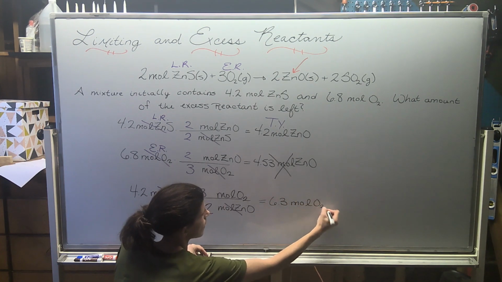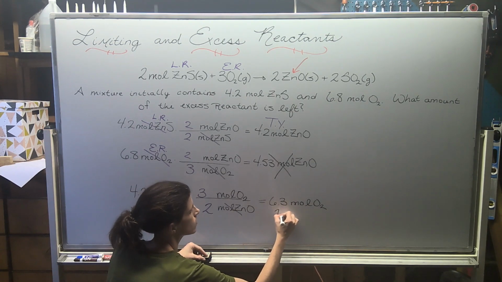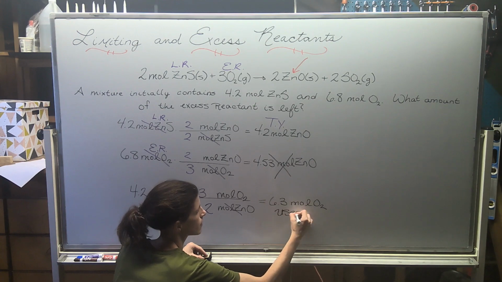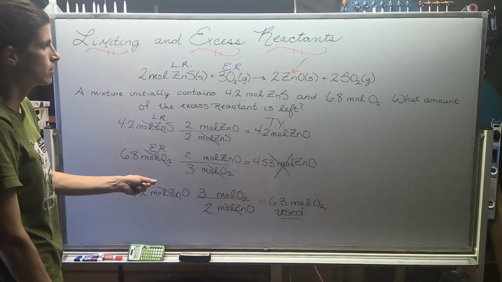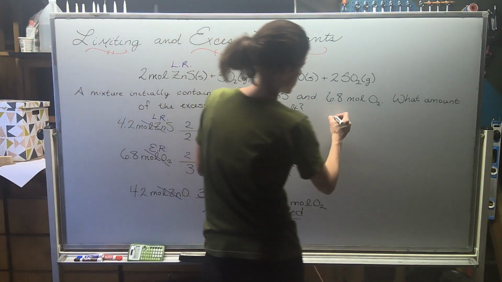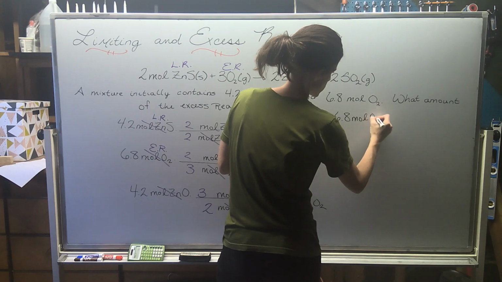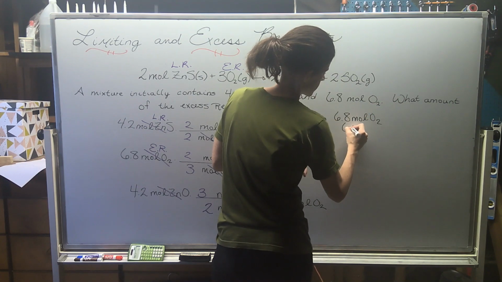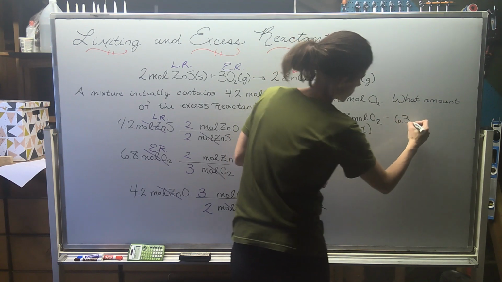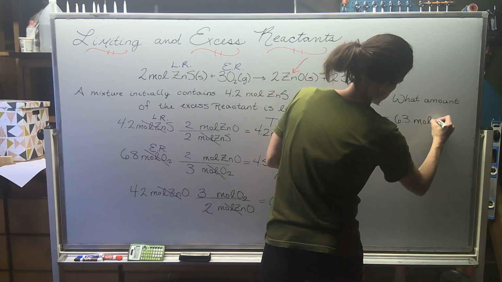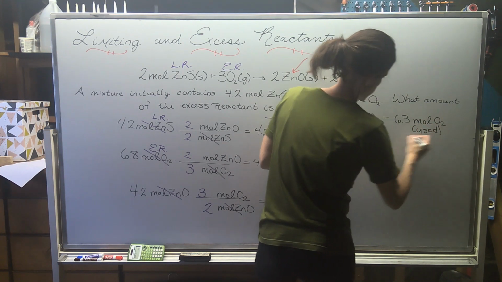When you use your theoretical yield and turn it back into your excess reactant, that always tells you how much of that excess reactant was used. The problem's asking us how much is left over. So we're going to do the starting amount minus how much was used, and that's going to tell us how much is left over.